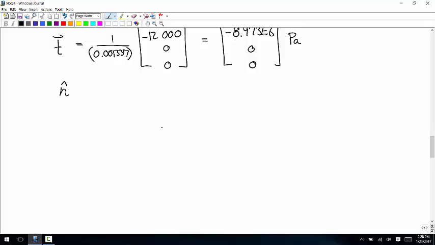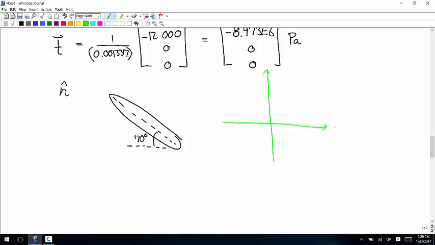Okay, so if that's the incline, and we know that this angle is 70 degrees, you can think of it like this. X-axis, y-axis, a vector that points up along that inclined face is that.